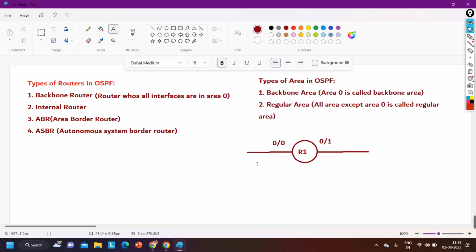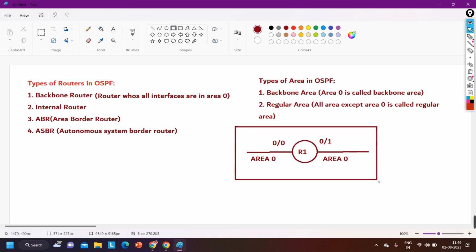If you have configured OSPF area 0 here, also area 0 here, and here also area 0, so router 1 is now my backbone router because you can see all interfaces of router 1 are in area 0. Yes or no? Getting my point, guys? On router number 1 I have put all interfaces of router 1 in area 0. So router 1 will become backbone router.